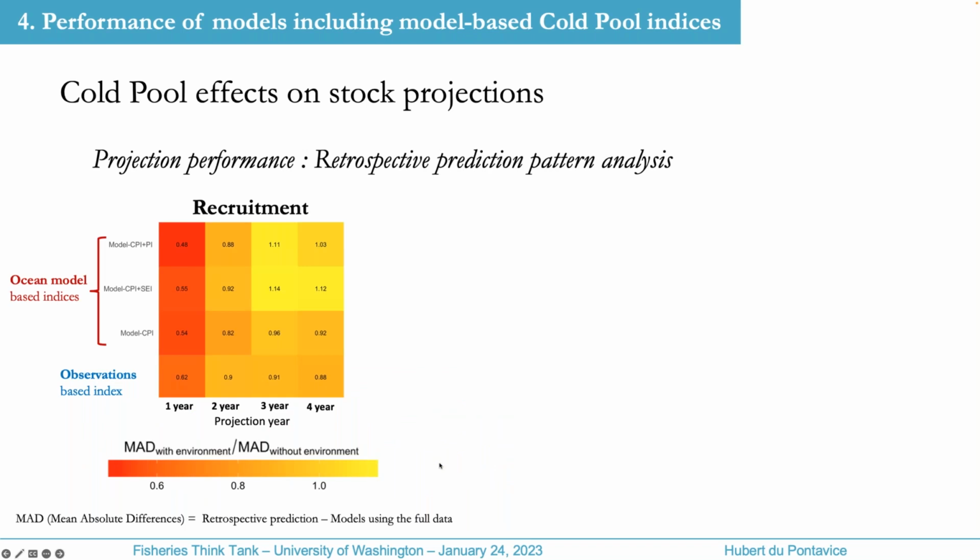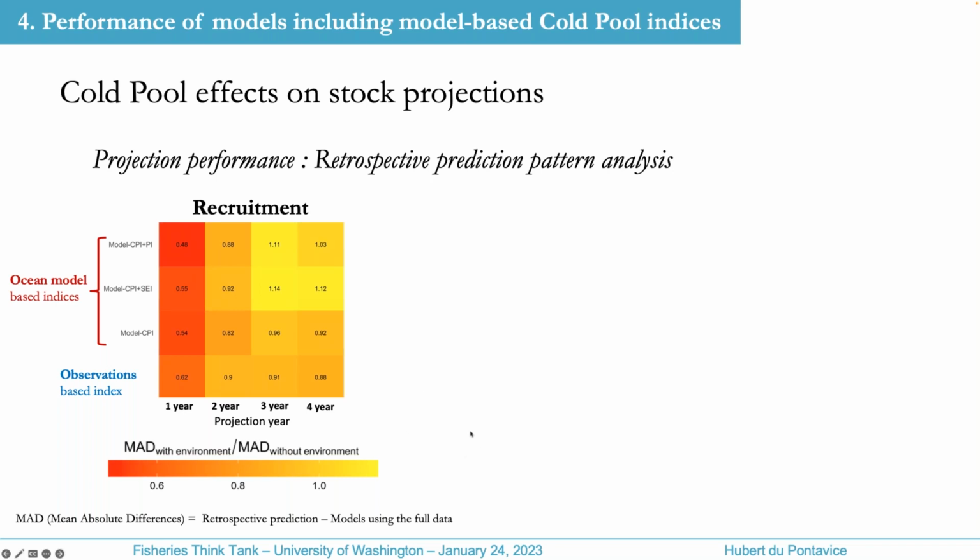So we jointly compared the mean absolute differences with this figure. So the numbers on this heat map are the ratios of mean absolute differences of models including the model-based indices, compared to the mean absolute difference of the model without environmental index.